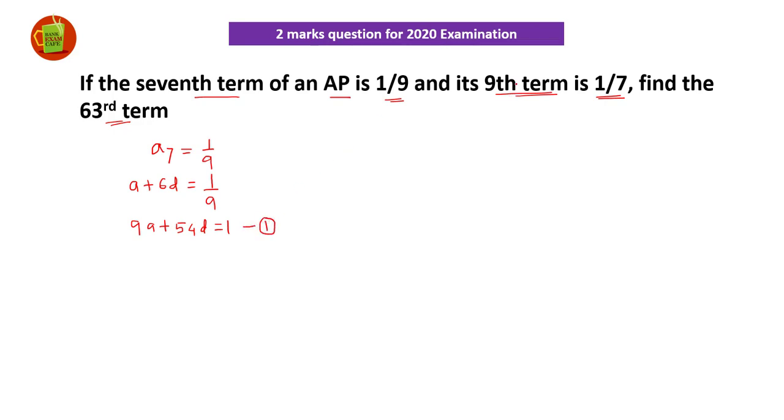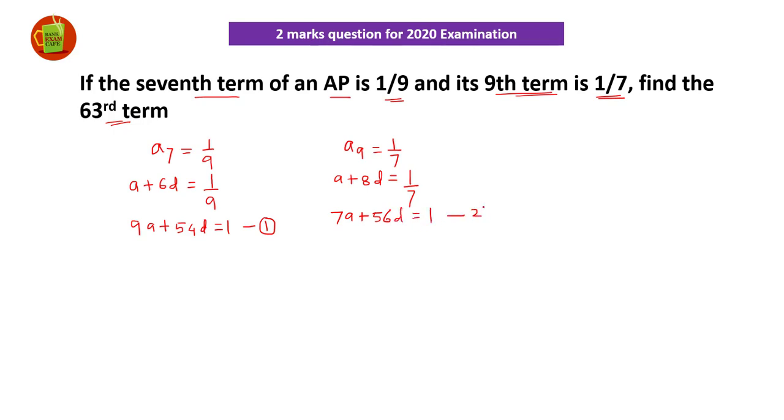Now the second condition is given that the 9th term is 1 by 7, so A9 is equal to 1 by 7. So A9 is written as A plus 8D, which is equal to 1 by 7. So multiply by 7 throughout the equation, so it will be 7A plus 8 7s are 56D, which is equal to 1.